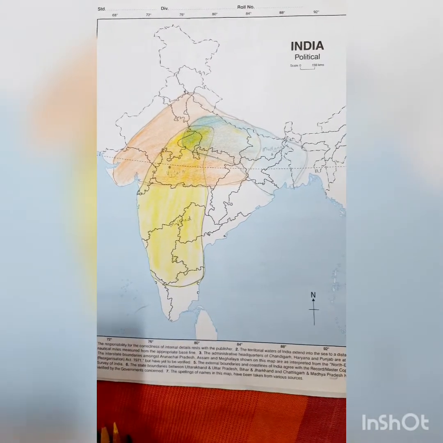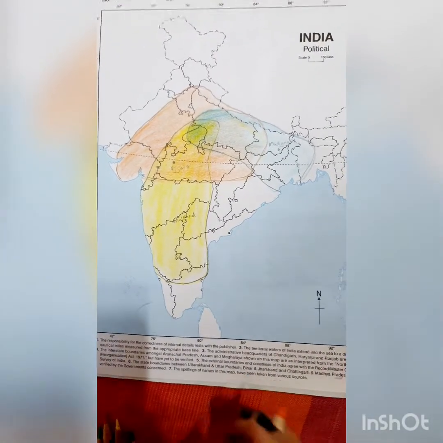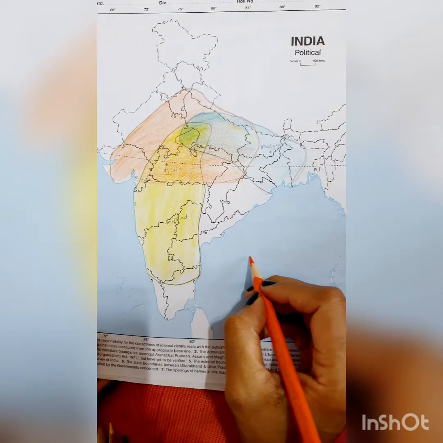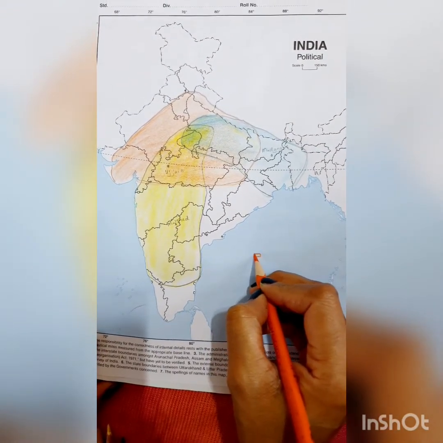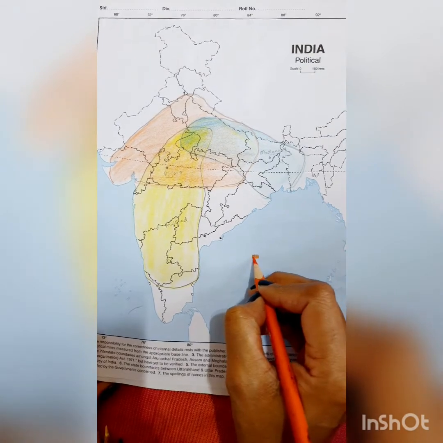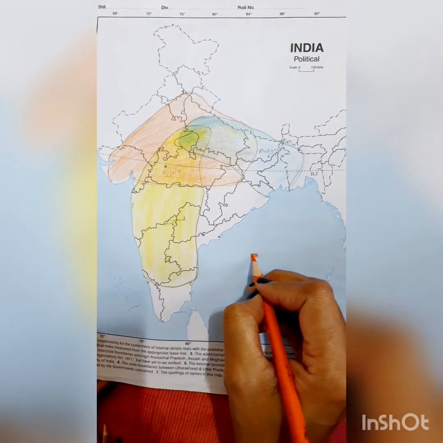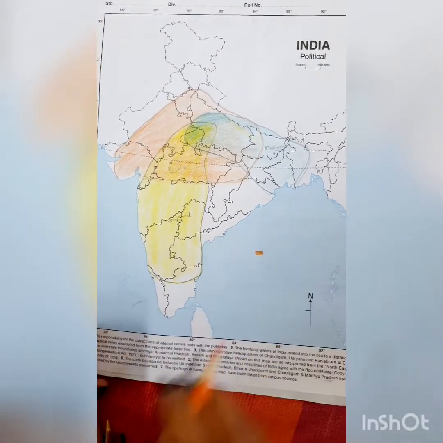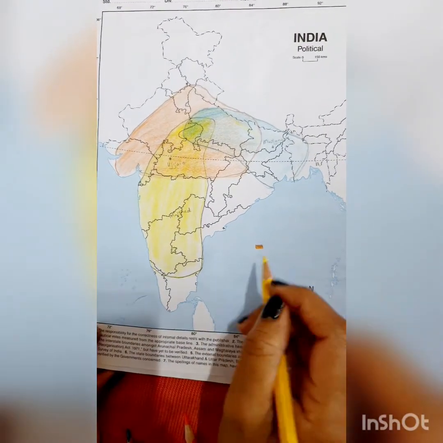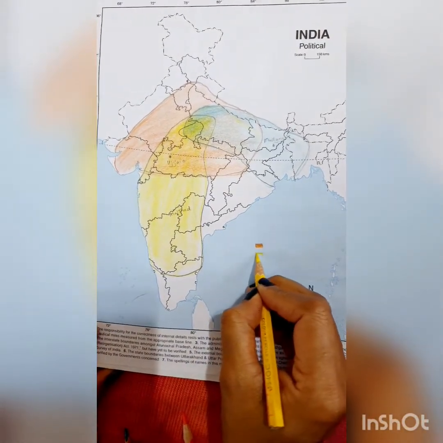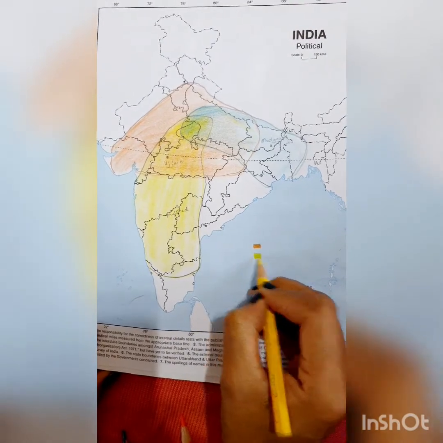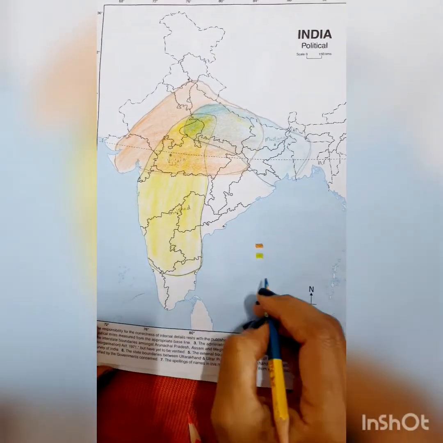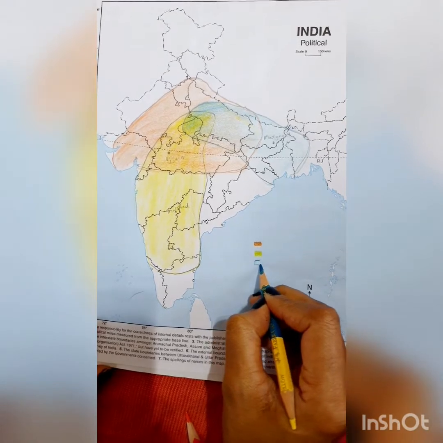Now we'll be making an index to denote all these colors that we have used. So I'll be making some small rectangles over here to denote the extent of these dynasties. So orange stands for the Gurjara Pratihara kingdom, this is yellow, and blue stands for the Pala dynasty.